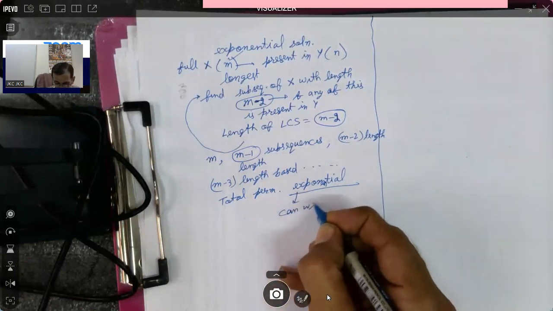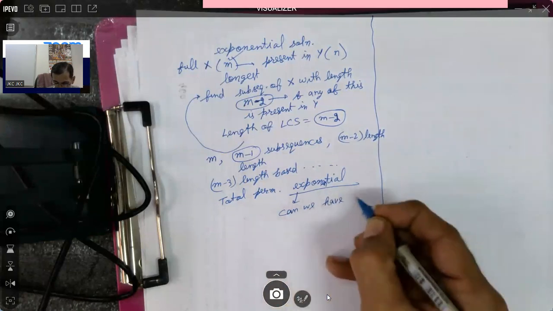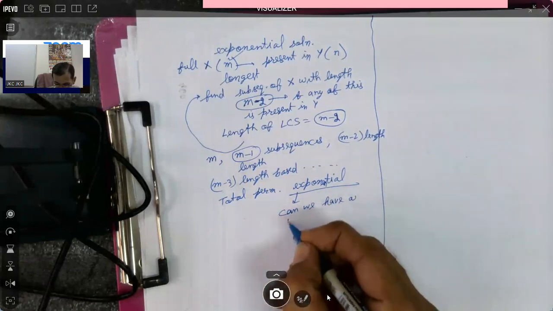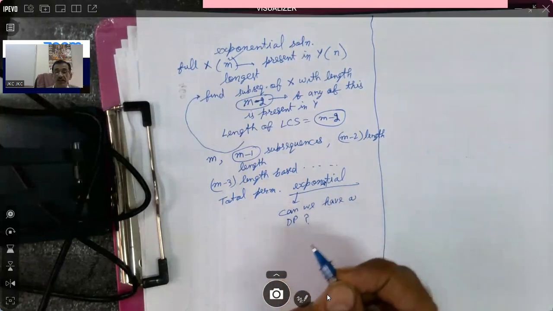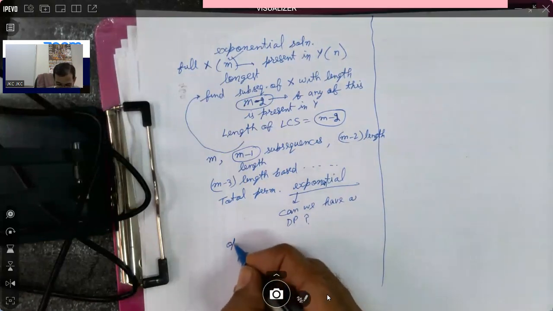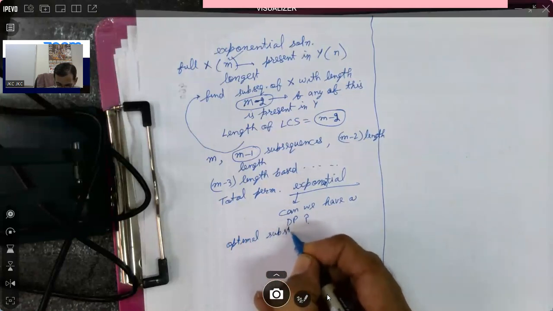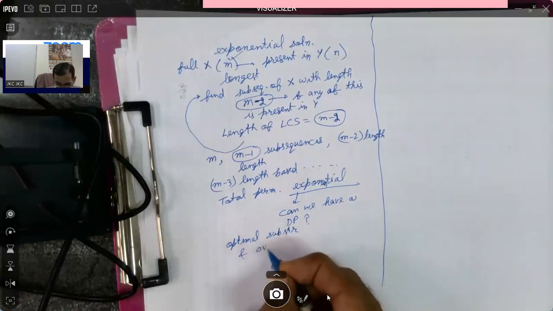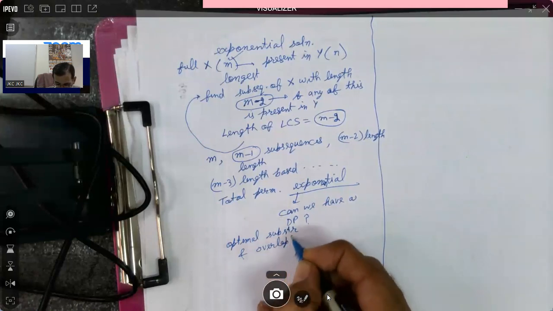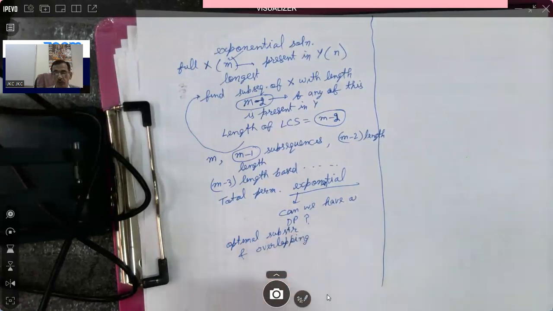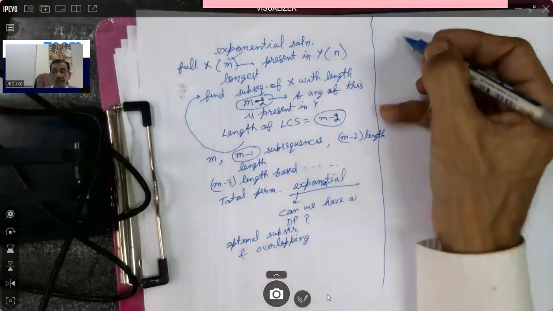Can we have a DP solution? So yes, in this case, yes. And the answer yes will come once we are able to find optimal substructure and also overlapping. We will verify these properties later, but now we will try to address the same issue. So let's go that way.